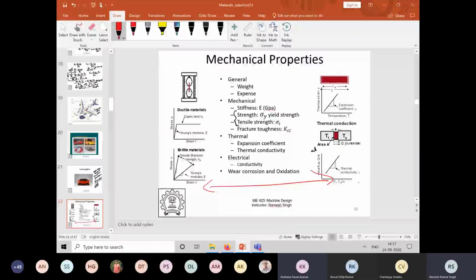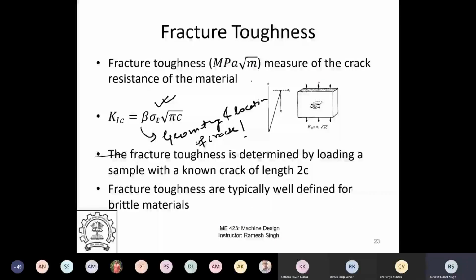Now what we'll do is we'll go ahead and, so fracture toughness is another very interesting concept. Okay. So fracture toughness typically is important to see how crack resistant the material is.